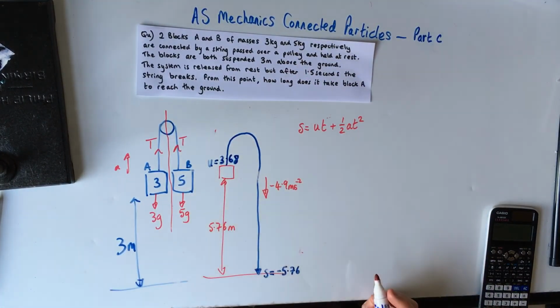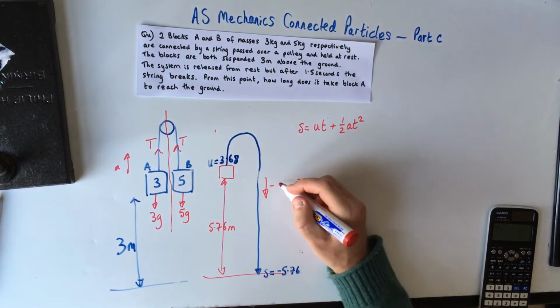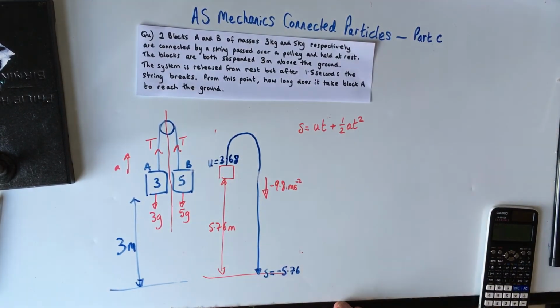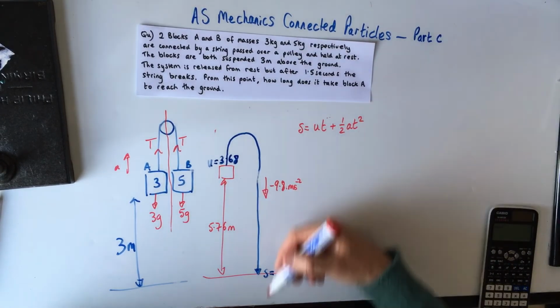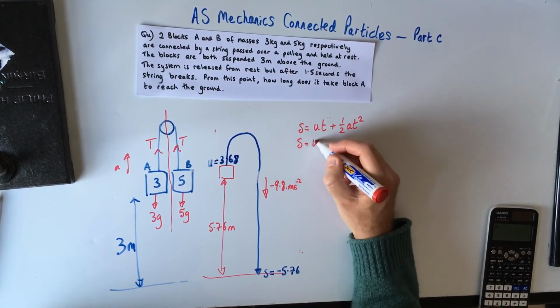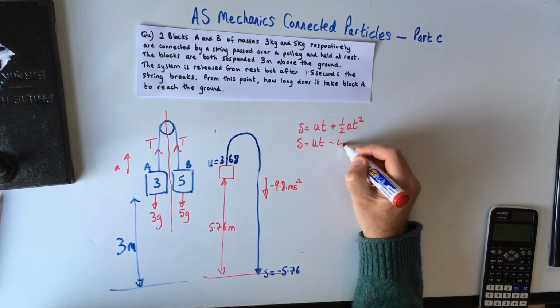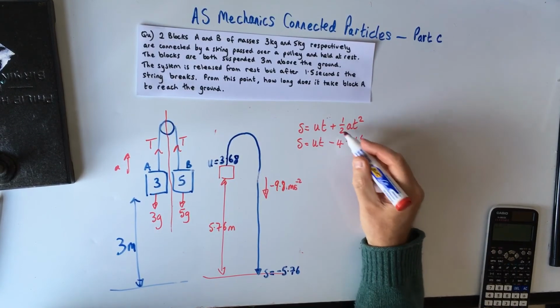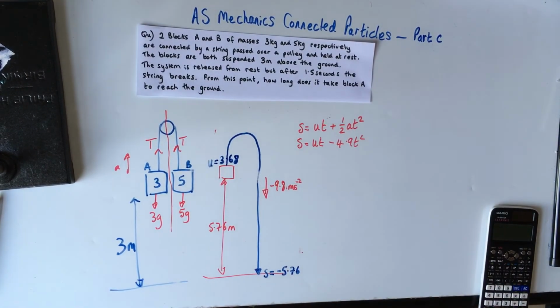Gravity is always minus 9.8, isn't it? Pulling down, the opposite direction. So when we put it into this, we have ut minus 4.9 t squared. That's a half of the acceleration, when of course the acceleration is gravity.